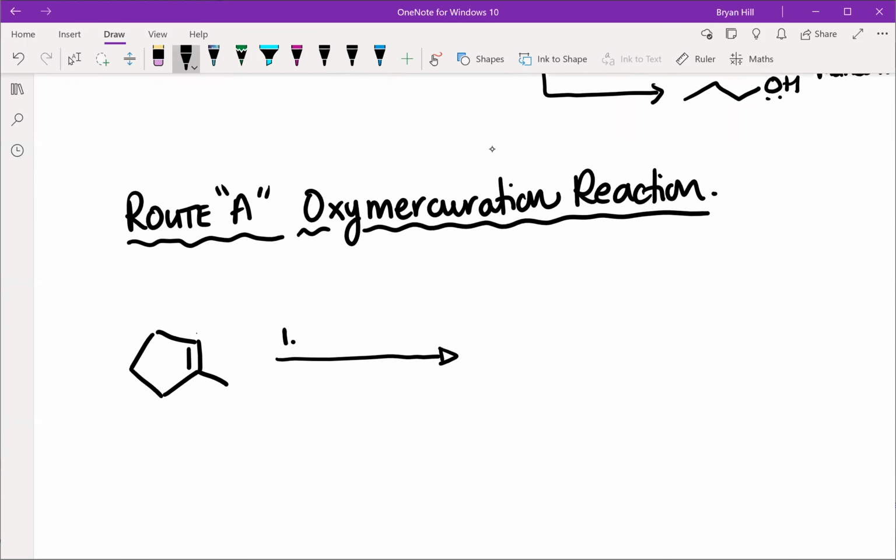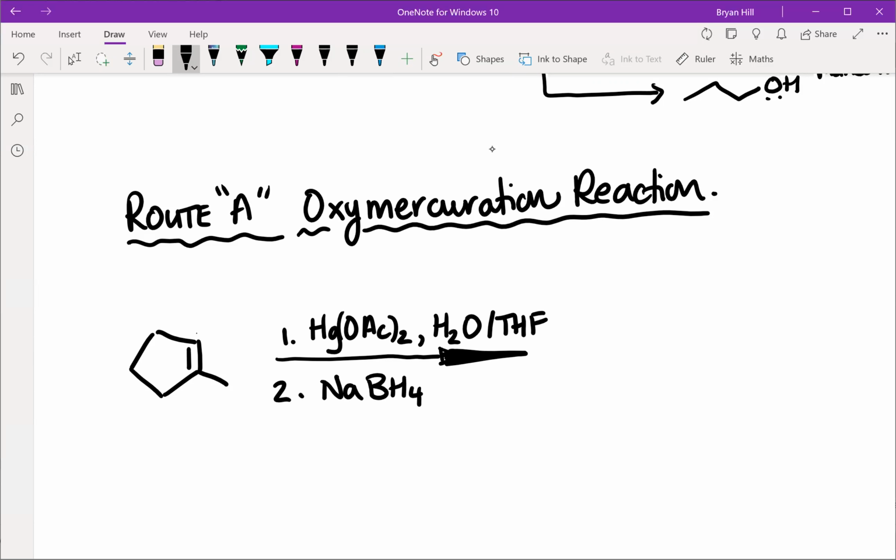The first one is going to use mercury acetate in the presence of water. And I think the other typical solvent that they use would be THF. The second step is a reduction with sodium borohydride. And our final product is going to look like this.